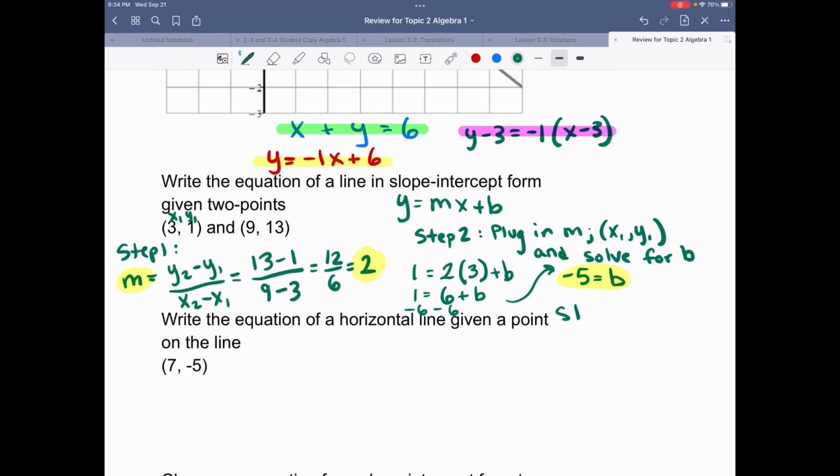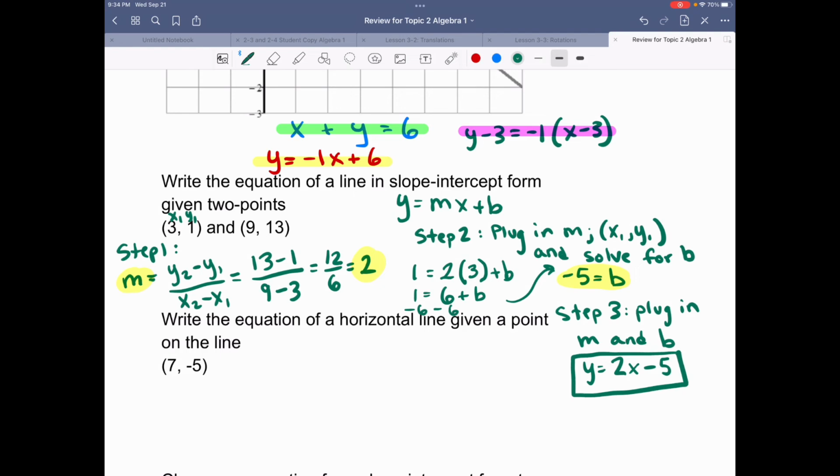So step 3, plug in m, and b. All right, so y equals mx plus b, but b is negative.